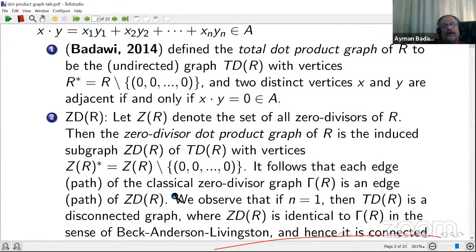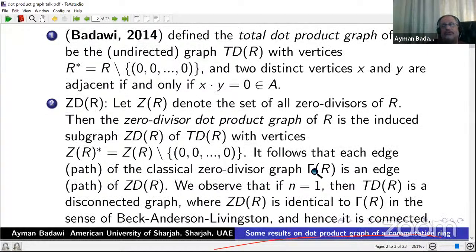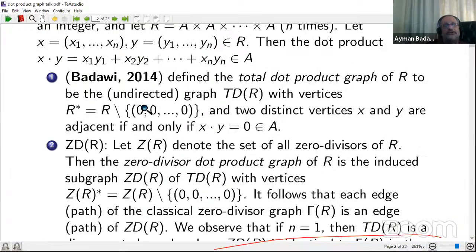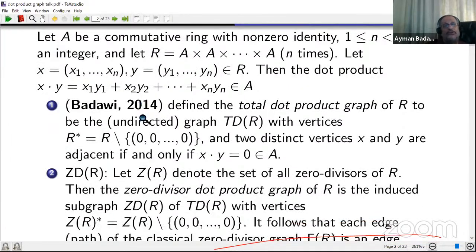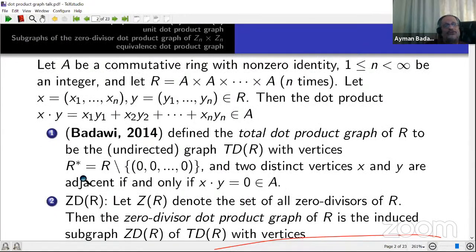So it follows that the classical zero divisor graph, all of you are familiar with, the classical zero divisor graph of the ring, is definitely a subgraph of the zero dot product graph. I mean, these are crucial things. I know I spent too much time on the first page, because if you want to follow this talk, you need to know the notation.